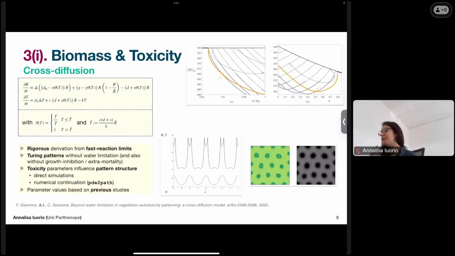And we didn't actually have to do a major parameter sweep to find the parameters that would do exactly what we wanted. This was something that came up by using previous parameters from the literature and just playing around with the cross diffusion part. So it seems to be a fairly robust feature of this type of model.